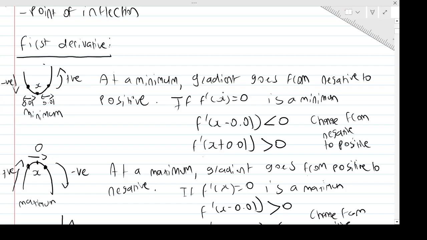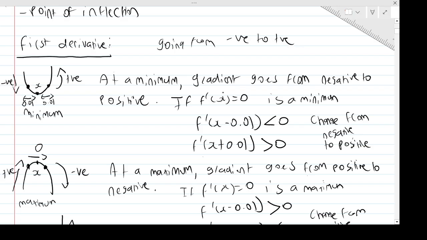So let's go back to discussing our minimum point here, where we discussed that the gradient goes from negative to positive, right? Now, the second derivative is a derivative of the first derivative, if that makes any sense. So, if the first derivative is going from negative to positive, if we were to look at the rate of change, right?